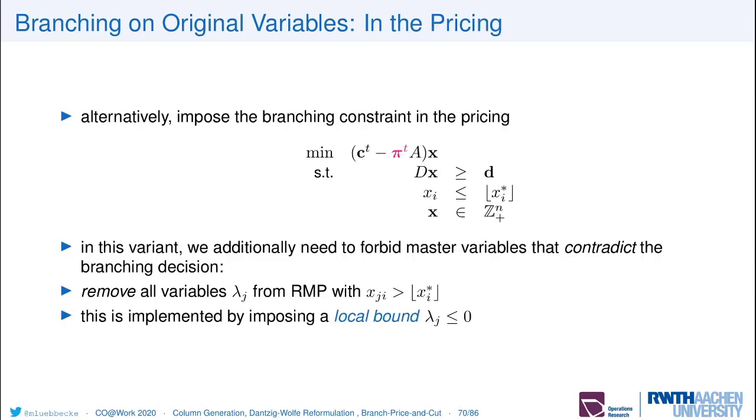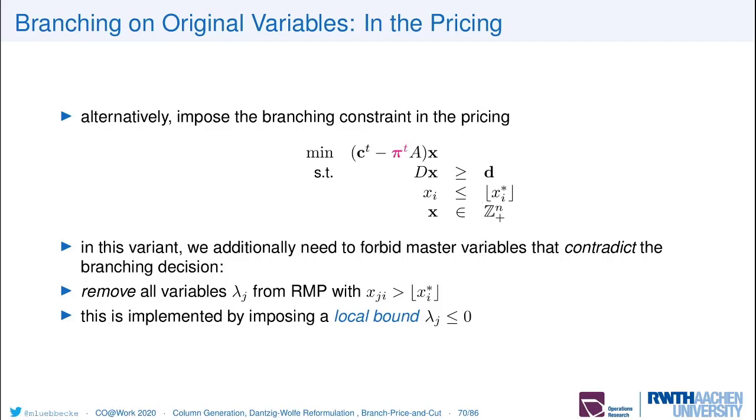This is one way. You could directly enforce the branching constraint in the pricing instead. So meaning that you directly change the pricing problem domain. Now the objective function would stay the same. So meaning that you will not generate any variables which violate the branching decision.